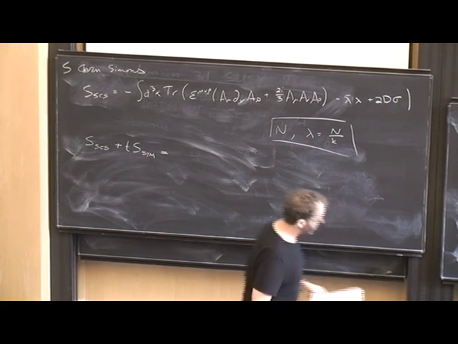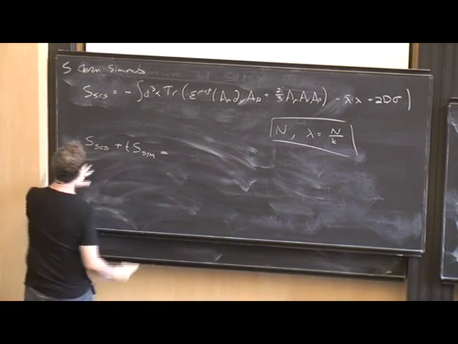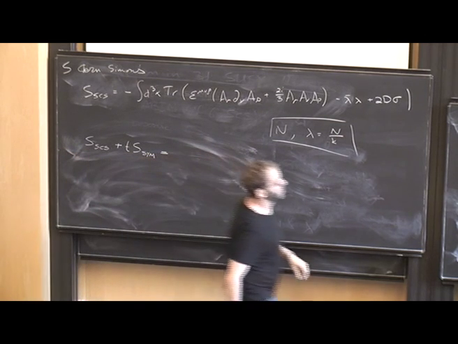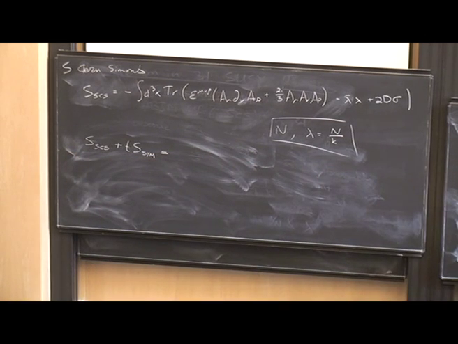And the super Chern-Simons action is not multiplied by t. So in this decomposition of the fields, I'm scaling them like 1 over square root of t. So all terms proportional to A are going to vanish when I take t to infinity. But these terms will contribute.